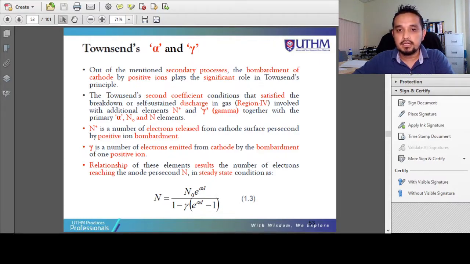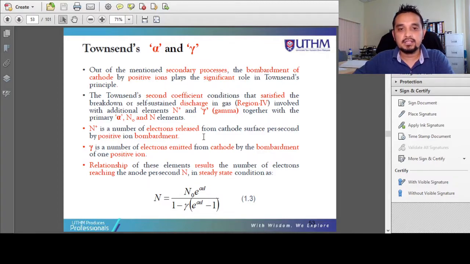And for today, for this session, I will just continue the lecture on the next topic in the Townsend principle, and we will look in extra detail on the numerical approach.